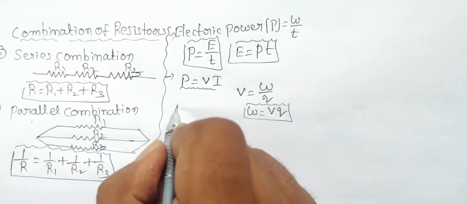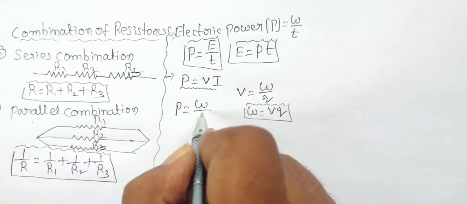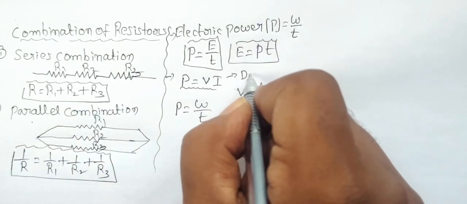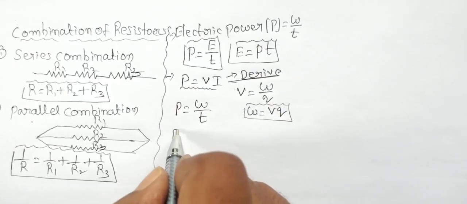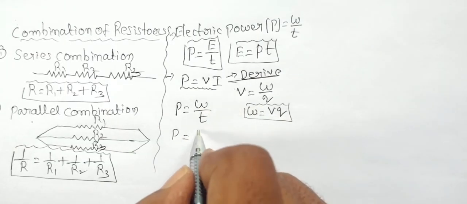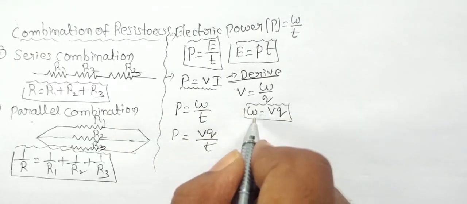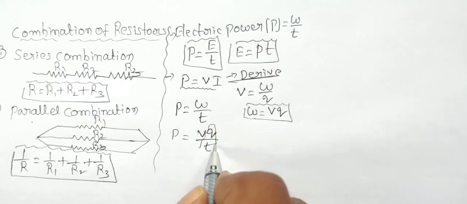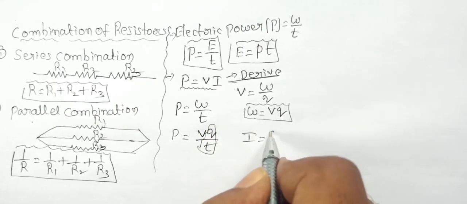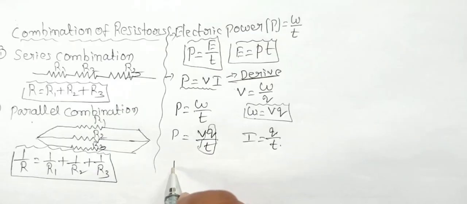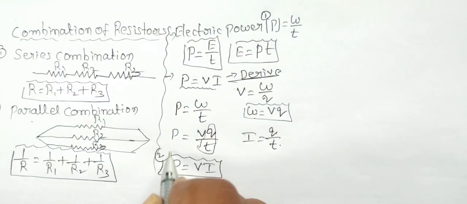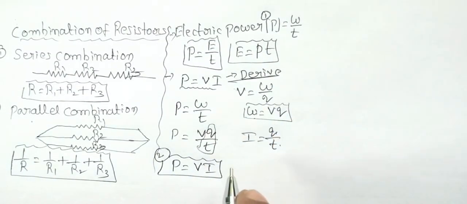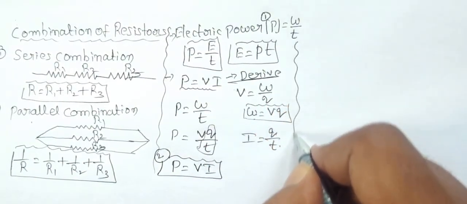Power is equal to work by time, so P is equal to VQ by T. We know I is equal to Q by T, so power is equal to V into I. This is one of the important formulas. This is the first one, this is the second, and then the third one.